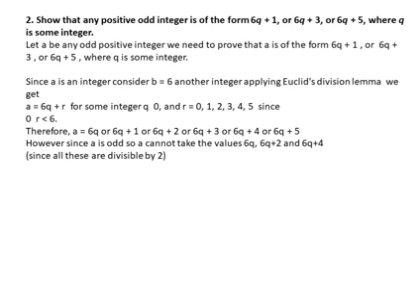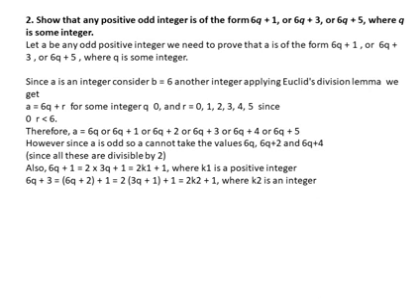The 6q is an even number. If an even number is added with an odd number, we will get odd integers. If an even number is added with even numbers, we will get even integers. Here they ask you to find the odd integers only. So what are the possibilities for getting odd integers? 6q plus 1, 6q plus 3 and 6q plus 5.